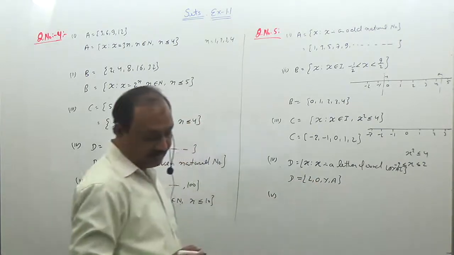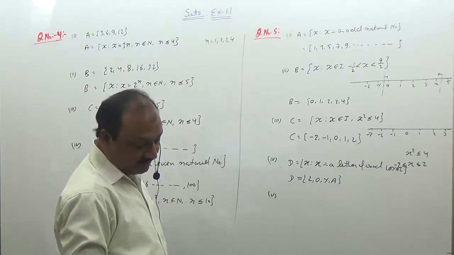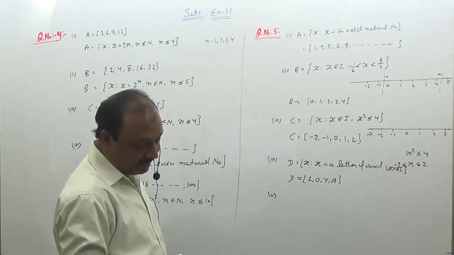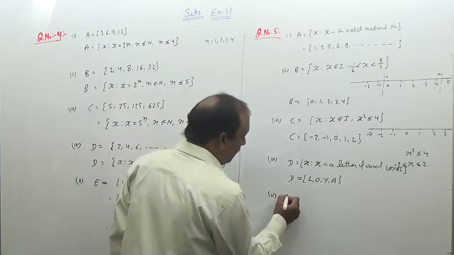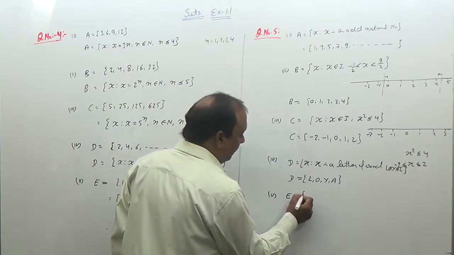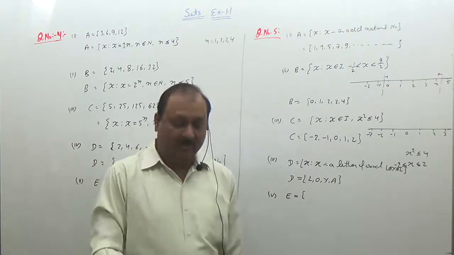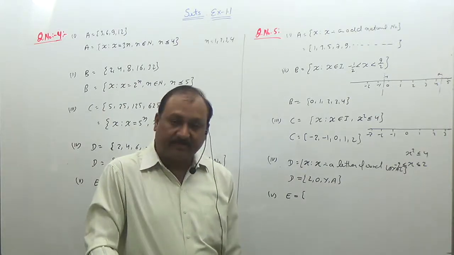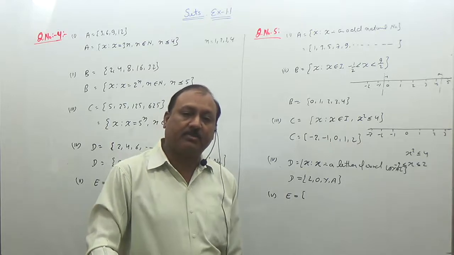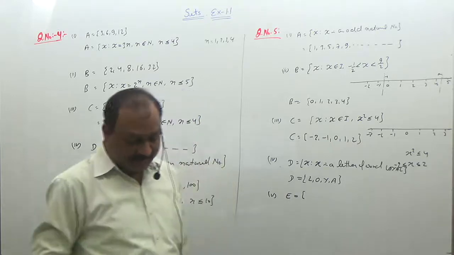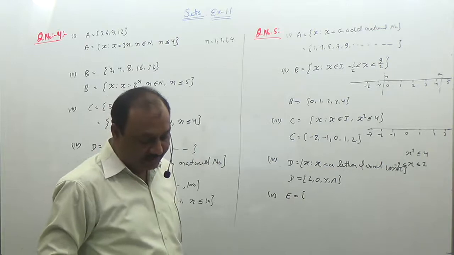And the fifth part is E, the set of the elements X, such that X is a month of the year not having 31 days. So E is the set of elements, and the elements are the months of the year which do not have 31 days.